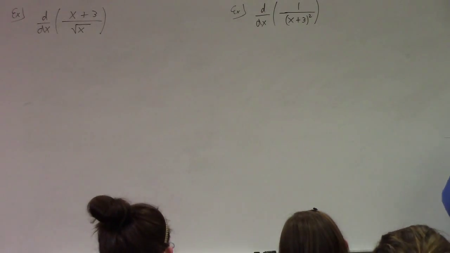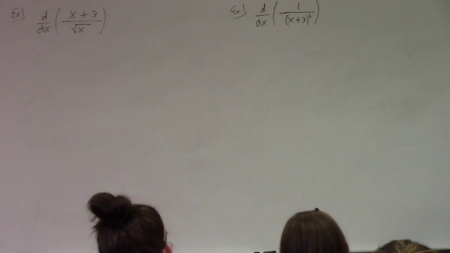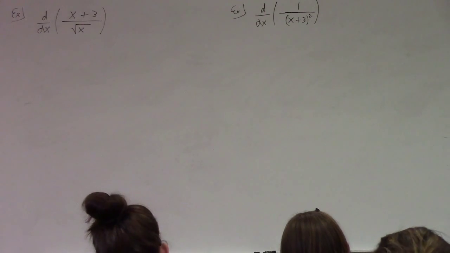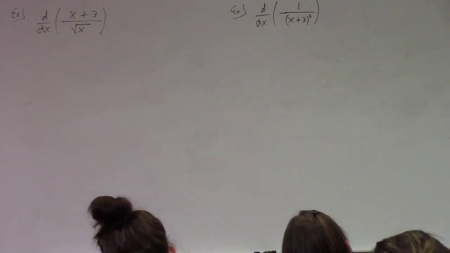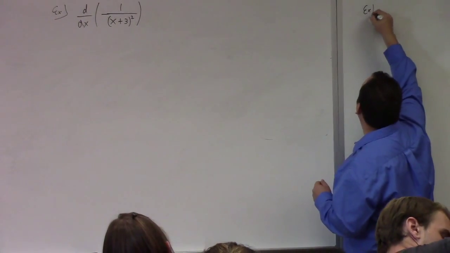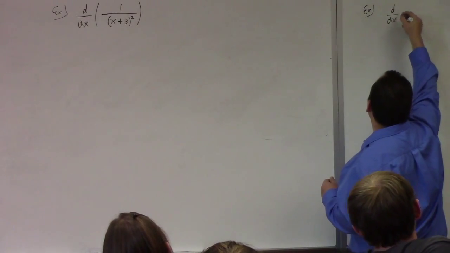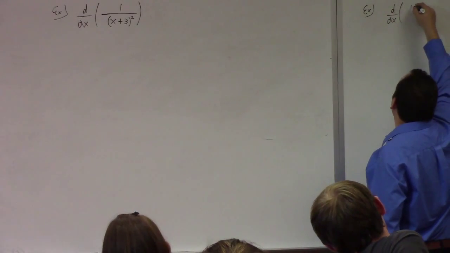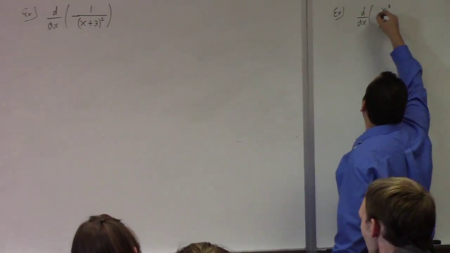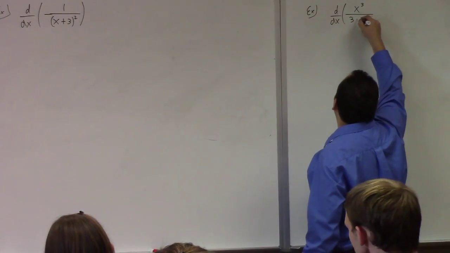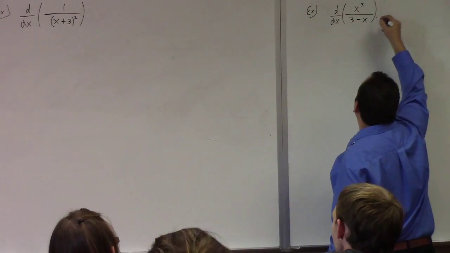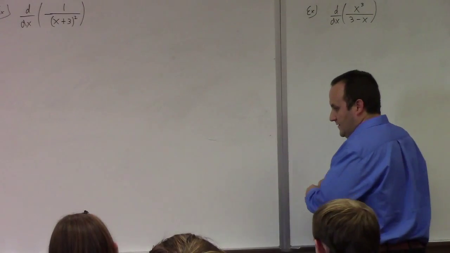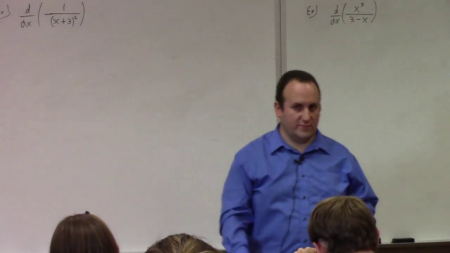Just to make sure you don't get bored, the derivative with respect to x of x cubed over 3 minus x. I think with that, it should give me time.